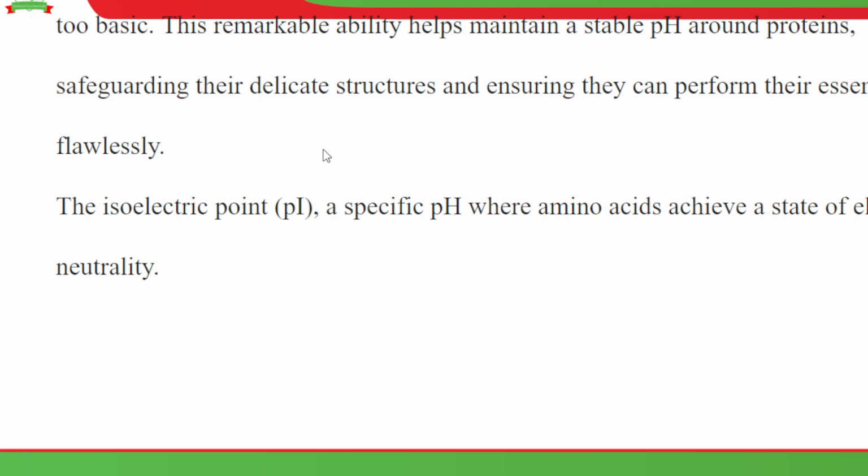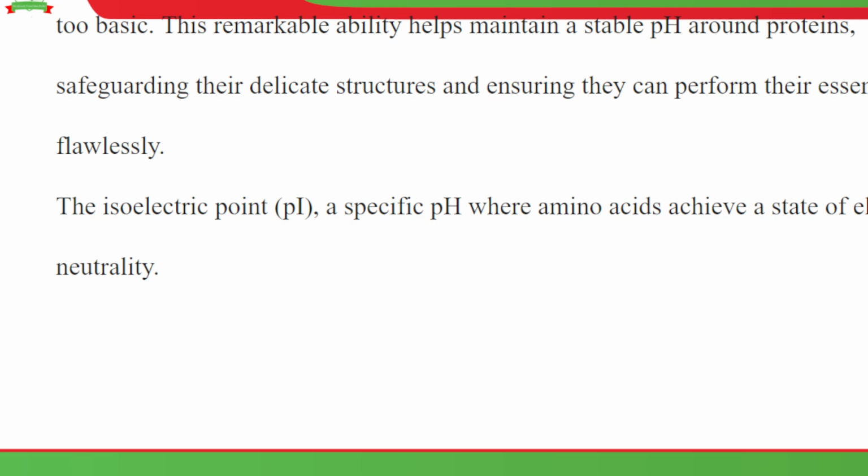Let's continue. When the environment becomes too basic, this remarkable ability helps maintain a stable pH around proteins, safeguarding their delicate structures and ensuring they can perform their essential tasks flawlessly, like I said earlier. Their functionality and properties are affected by pH, so this pH has to be kept stable so that they can keep their functions and structure in shape.